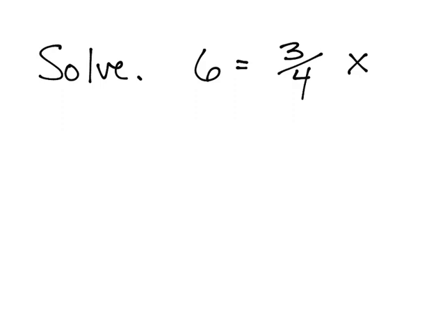6 equals 3/4 times x. So I have myself the equal sign, and I'm thinking through, the right side is where the variable lives, and I have 3/4 times x. So by our definition, I'm going to divide both sides by 3/4. So I'm going to rewrite this out so we can see this.